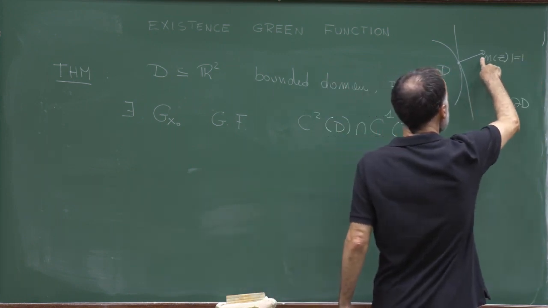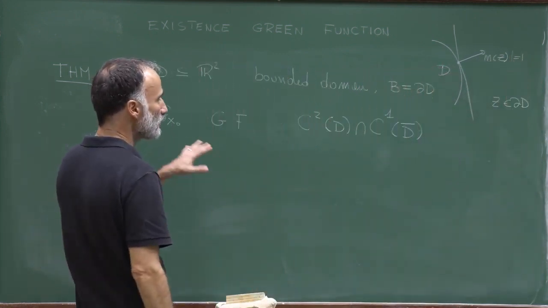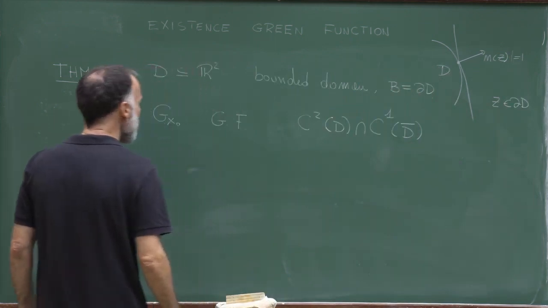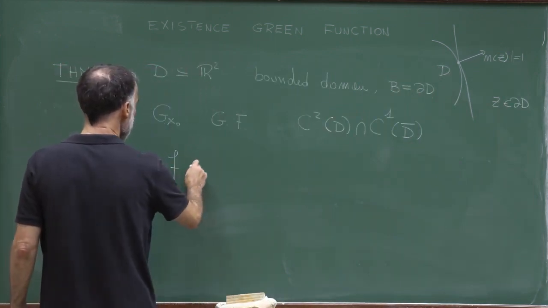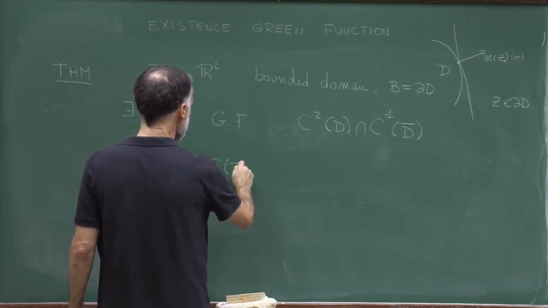So this is this vector N, which is defined at the boundary. And let me say that f is now a continuous function defined at the boundary.